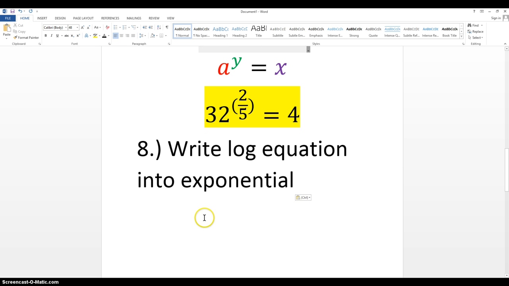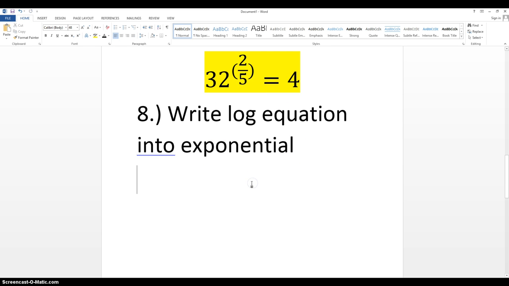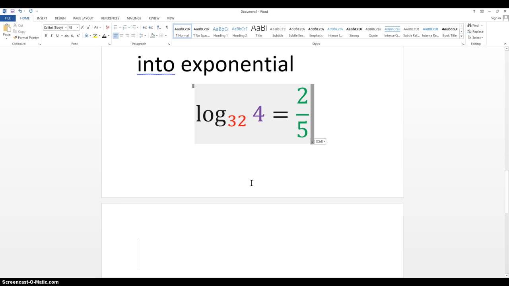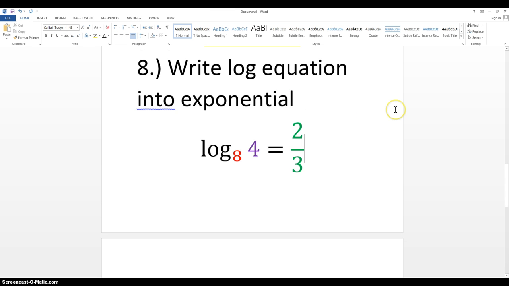Okay, so we have write log equation into exponential. So I have log of 4 base 8 this time equals 2 over 3. Okay, so go ahead and write that one down. It's log of 4 base 8 equals 2 over 3.